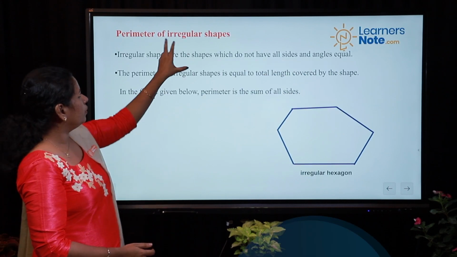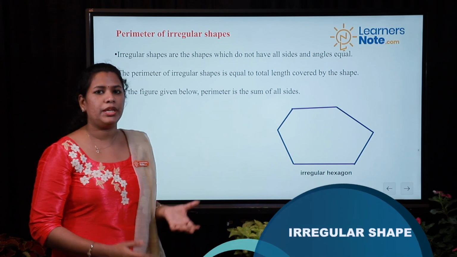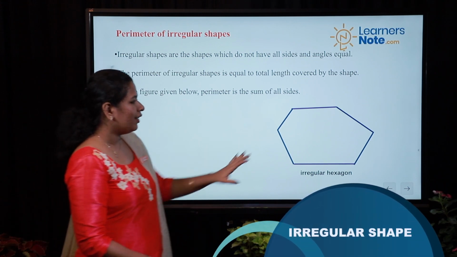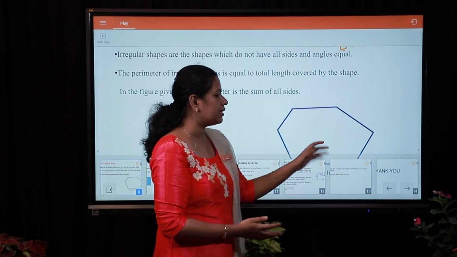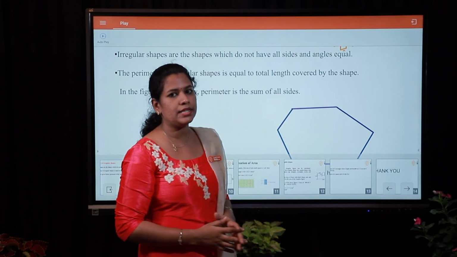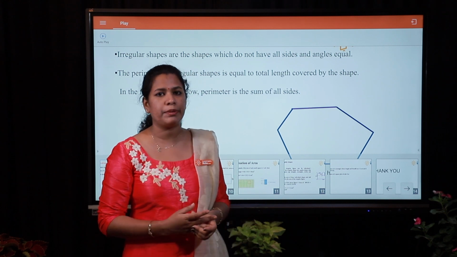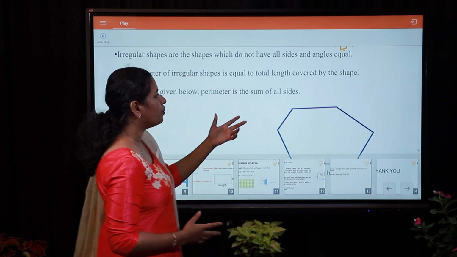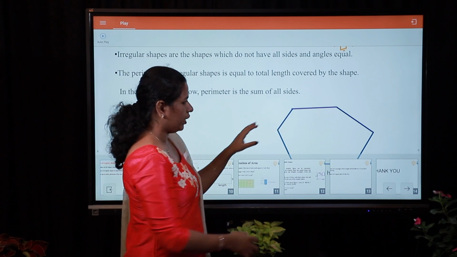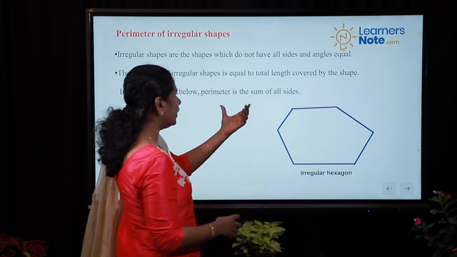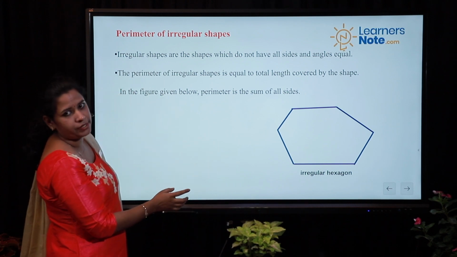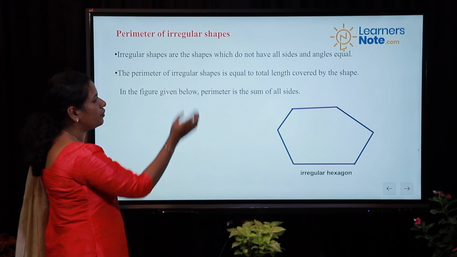Then an irregular shape is one where you can see the lengths of the sides are different. The lengths of the sides are not equal. In that case, for finding the perimeter, we have to add all the sides. If we know the length of all the sides, we add them, and by adding all the sides we get the perimeter. That is true in the case of an irregular shape.